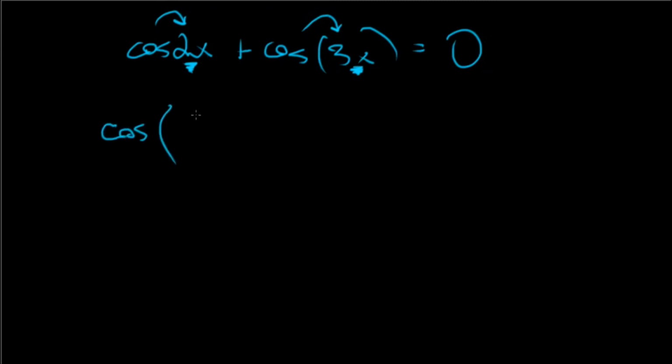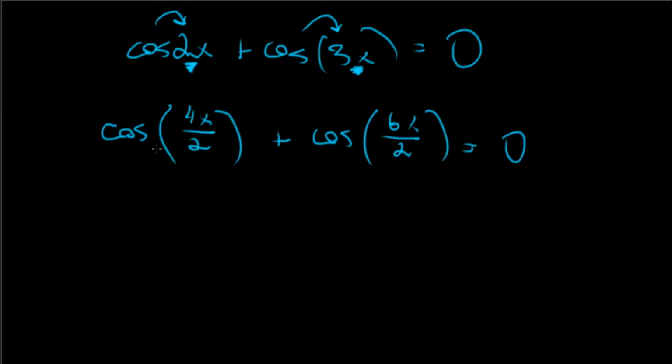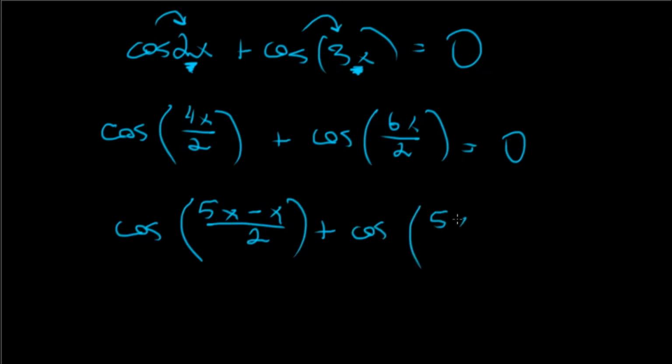So if I rewrite 2x as 4x over 2, and I rewrite cosine 3x as cosine 6x over 2. Watch this. Cosine, I can write this as 5x minus x over 2. And I can write this one as 5x plus x over 2.